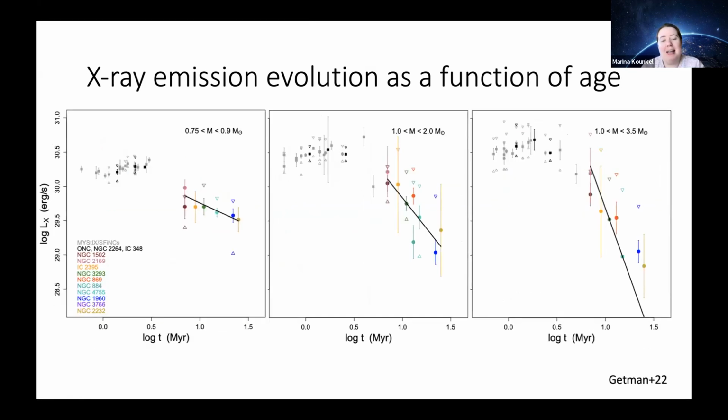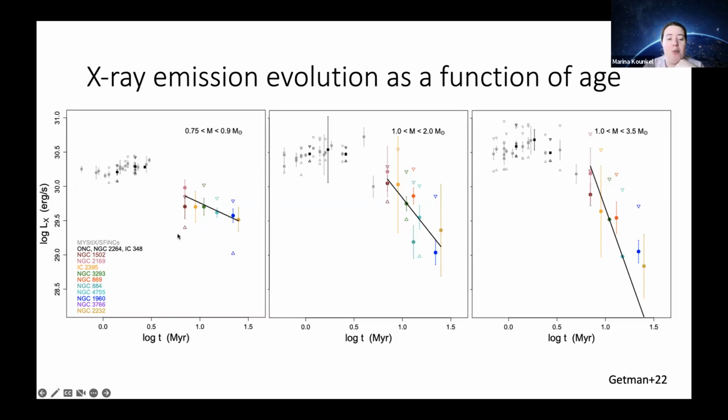We do have a slightly better handle on just the youngest end. So there has been a recent study that extends only up to around 30 million years, where they have been able to observe on the order of a dozen young clusters with Chandra. And it's interesting to see just how much the X-ray luminosity evolves for the lower mass stars versus for the higher mass stars.